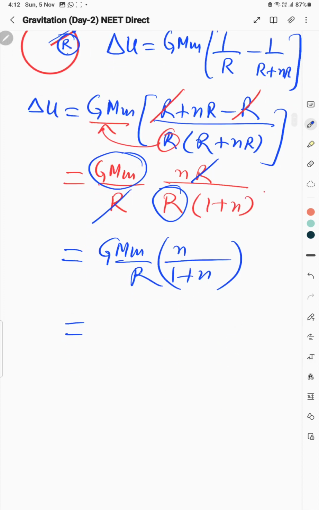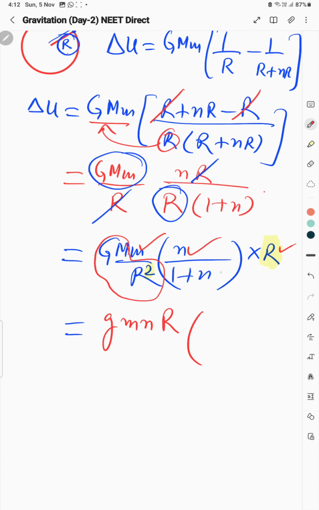What if I multiply with r and divide with r? That is, I have done an additional r there and there. How will this help me? This particular quantity is small g. Now you have this m, you have this n, you have this r, and the remaining is 1 upon 1 plus n.